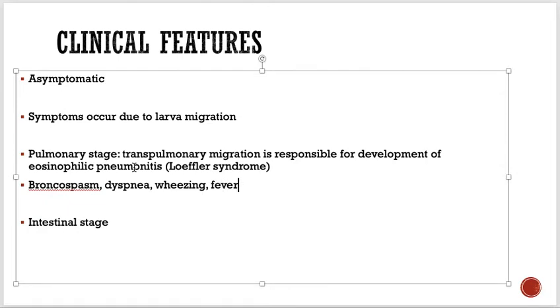Cough can be there, all the symptoms related to the respiratory system. The patients can also develop hepatomegaly. So when this reaches the lungs, these are the things the patient presents with.